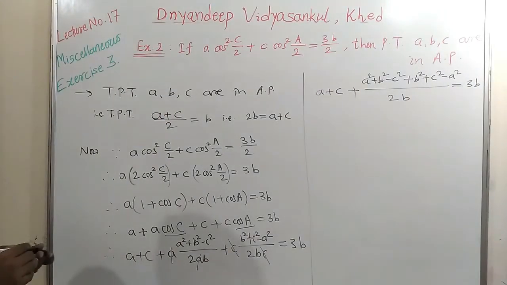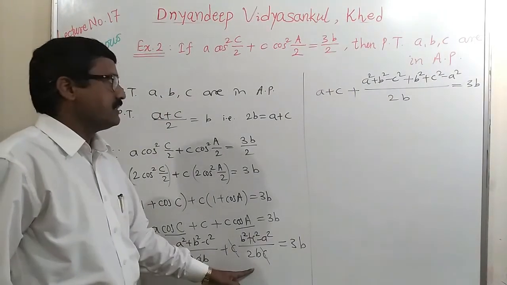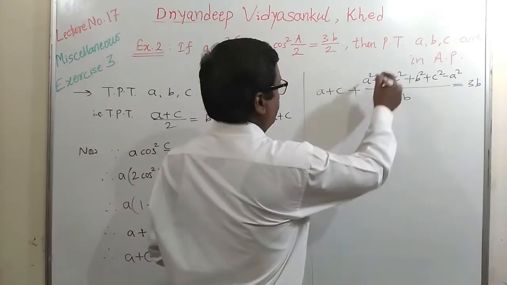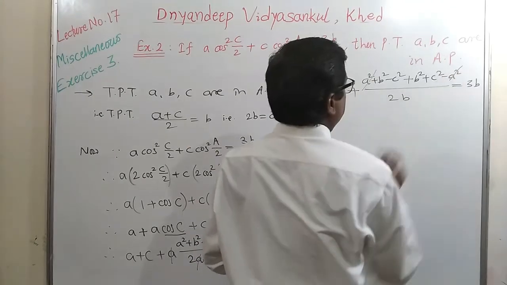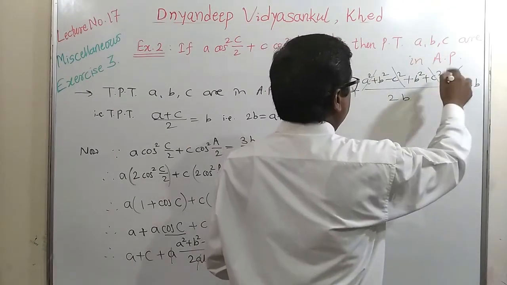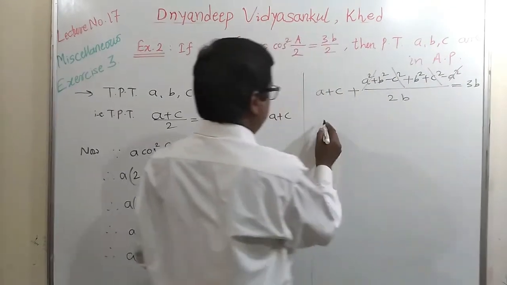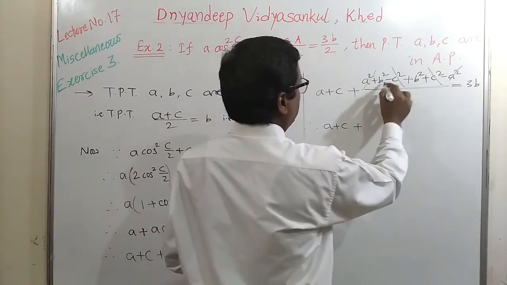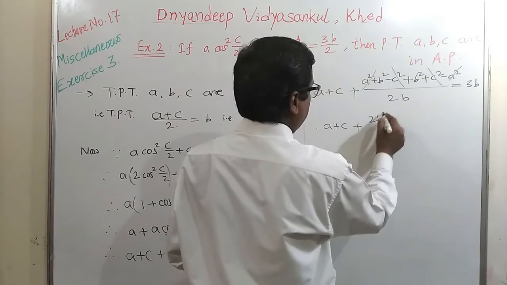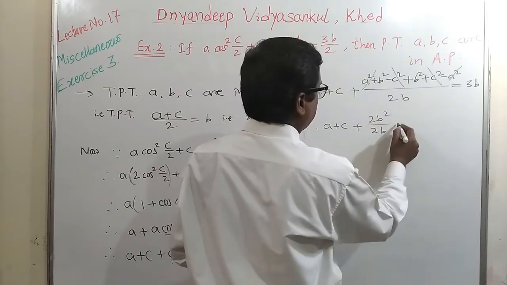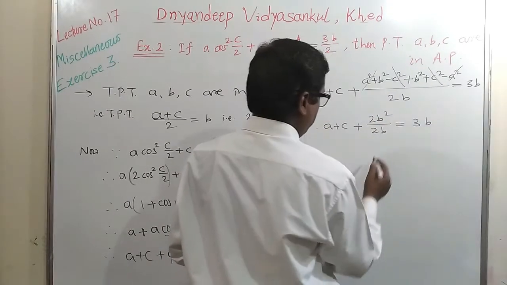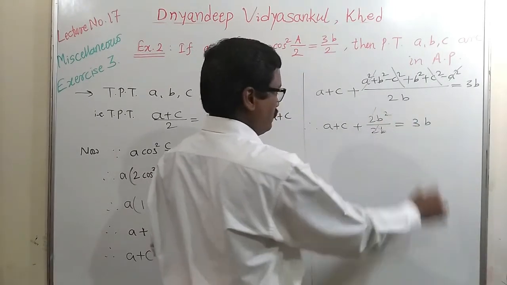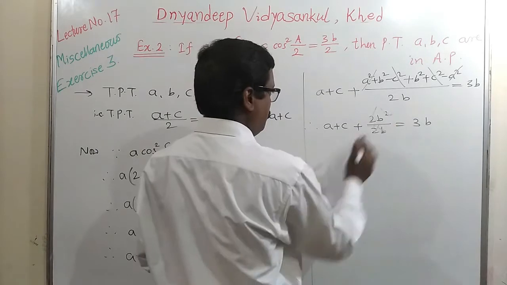Here the denominator is the same, that's why we have taken the addition of numerators. Again here a square and c square cancel, remains 2 times b square. Therefore a plus c plus b is 2b square upon 2b equal to 3. Once again 2 and 1 b get cancelled, remains here only b.